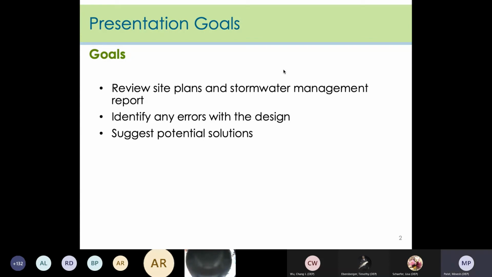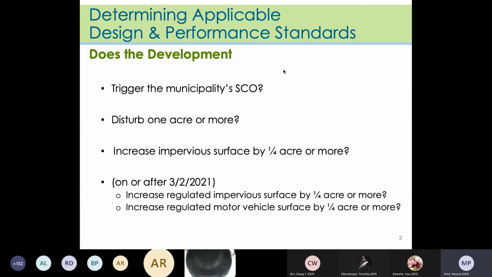So when you review a site plan, you want to make sure you understand the plans, the designs, any errors in the designs, and possible solutions to these issues. And these are just a few things that we're going to take a look at here in example 5. A few things to look at when you begin reviewing projects: what's the trigger for the SCO you're dealing with in the town?